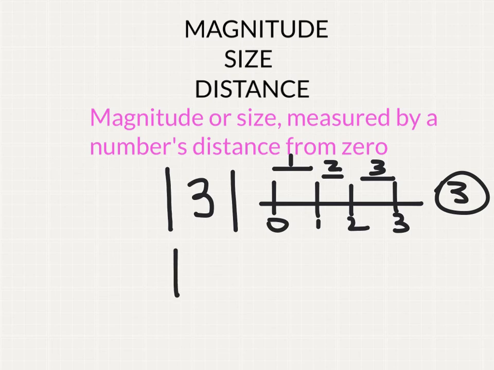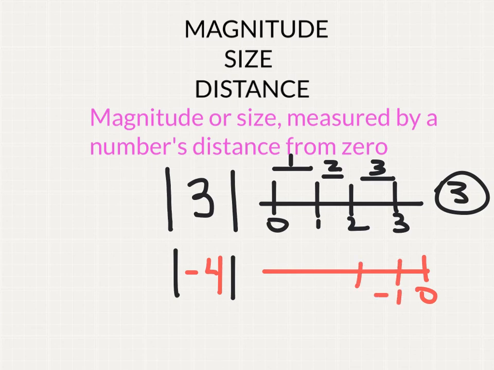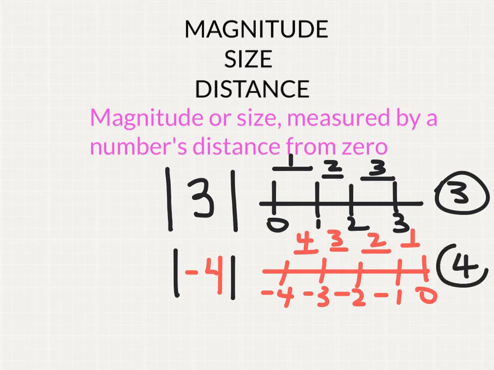We know this would be a request for the absolute value of negative 4, which again, we know is the same as asking for its distance from 0, which we would measure as 4 places from 0. The absolute value of negative 4 is 4. This also reminds us that all absolute values will be measured in positive numbers.